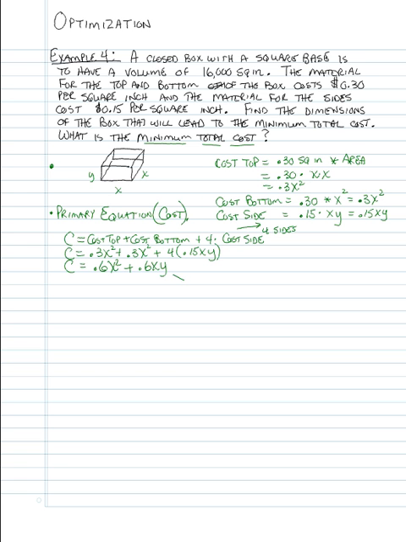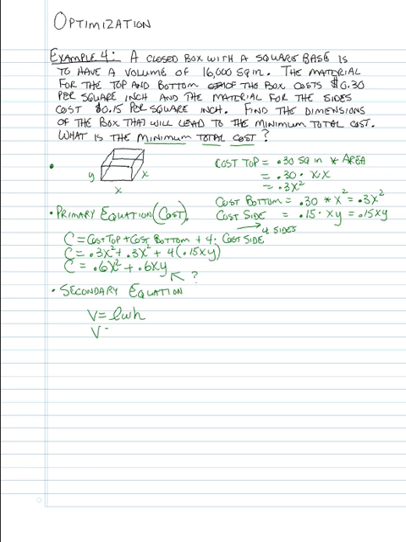But we see that we've got an extra variable y, and so we need to come up with a secondary equation so that we can eliminate y. The piece of information we have for the secondary equation is that the volume has to be 16,000 cubic inches. So something about volume, well, volume is length times width times height, isn't it?